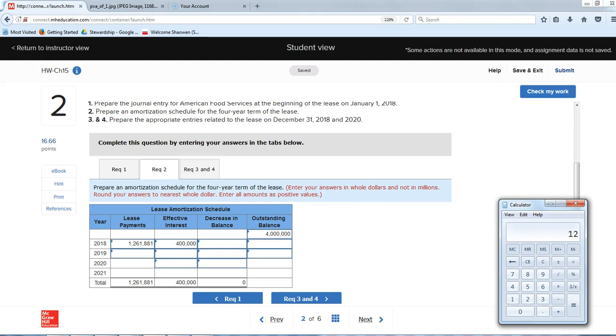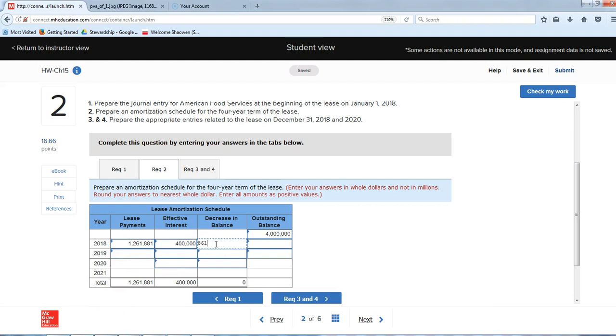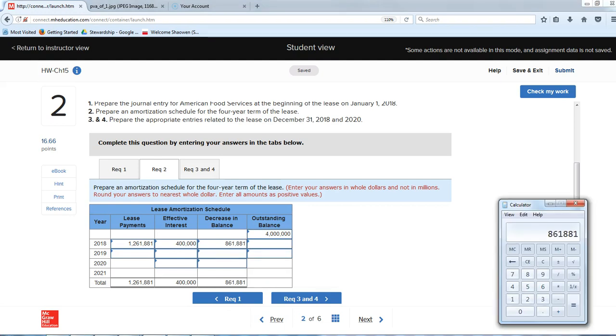So 1,261,881 minus 400,000 is 861,881. So my outstanding balance will be reduced by 861,881.